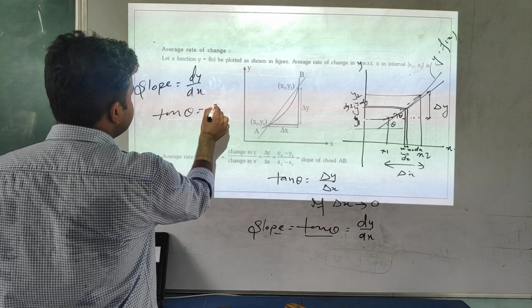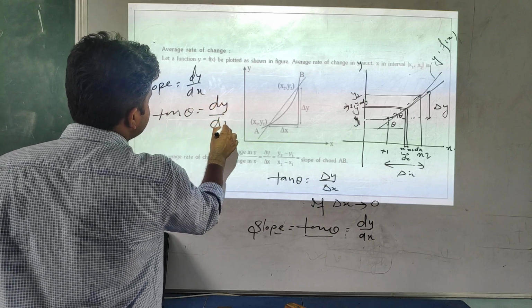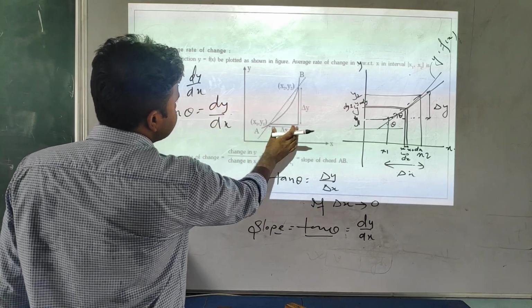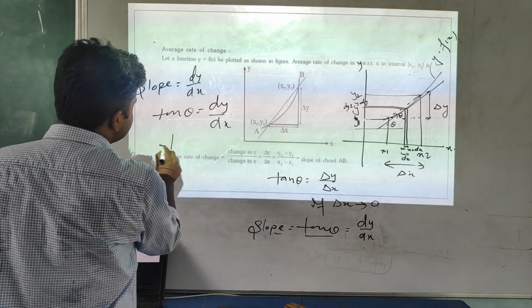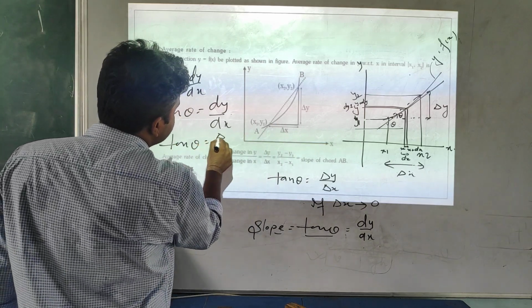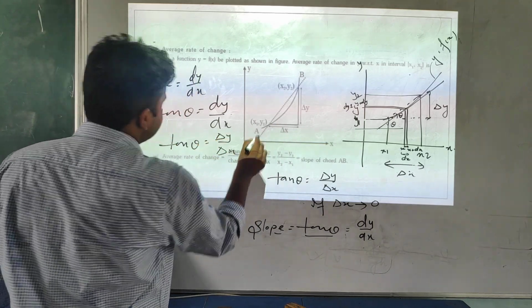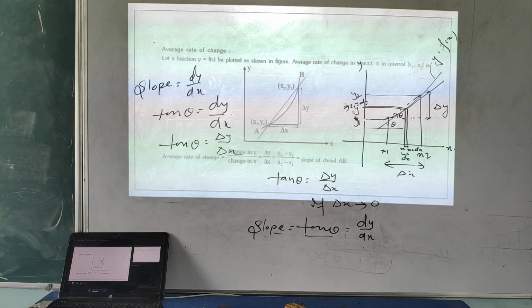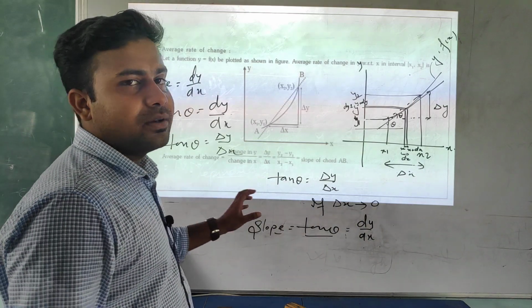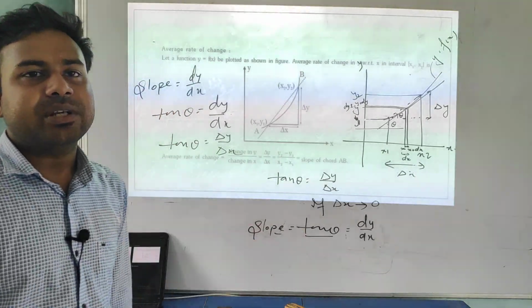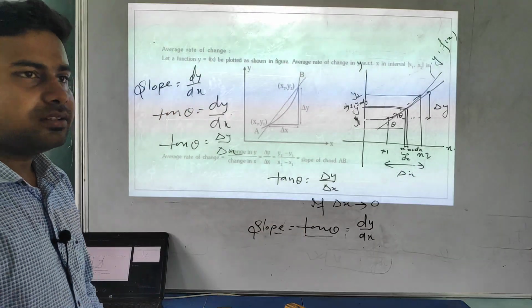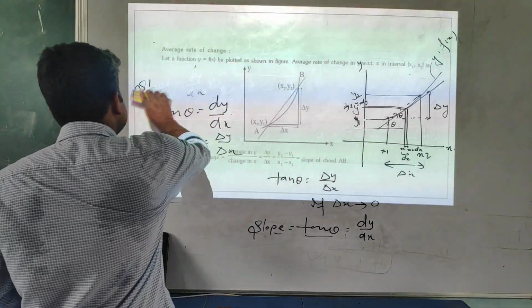So tan theta equal to dy by dx. Okay, and in this measurable case, the tan theta equal to delta y by delta x. Okay, and this is the concept we are going to use very frequently in our physics. I suppose you all understand.